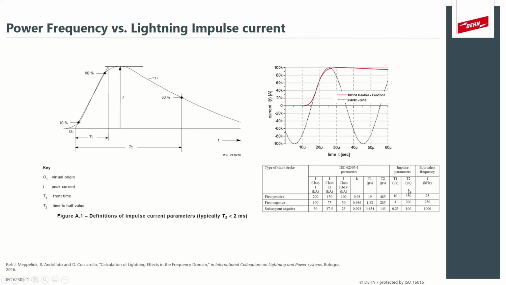T2, or the second value, 350 microseconds, describes that the wave shape will decay to 50% of its peak value over 350 microseconds. Now, this function is also known as the Heidler function or a double exponential function, as it rises exponentially and decays exponentially.